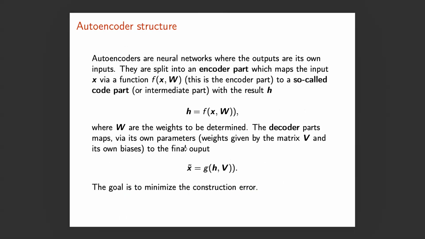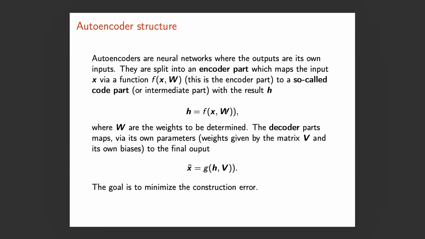So how does this work? So they're split into an encoder part, which maps the input X. So X does not need to be your input. This could actually be the output you want to reproduce. But just think of X as a quantity you want to reproduce. And there is a function F, which is normally called the encoder part, and that can be a neural network. And then this produces a reduced output, H, where we now have some weights.